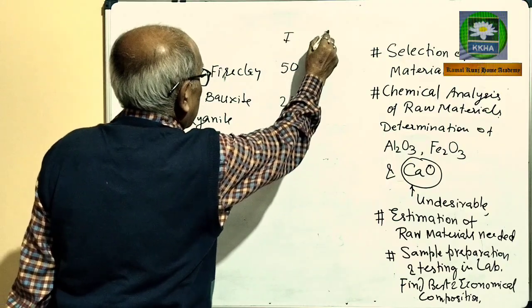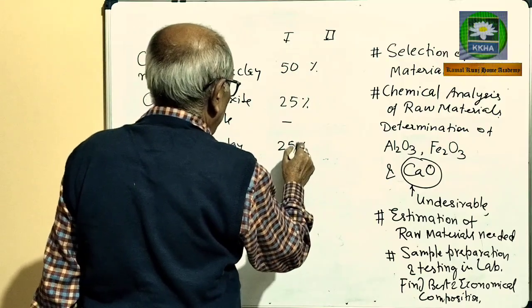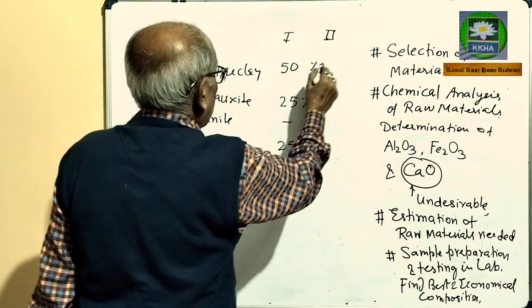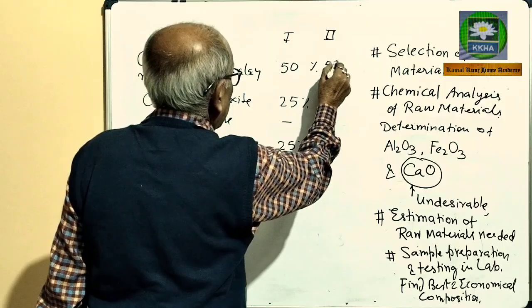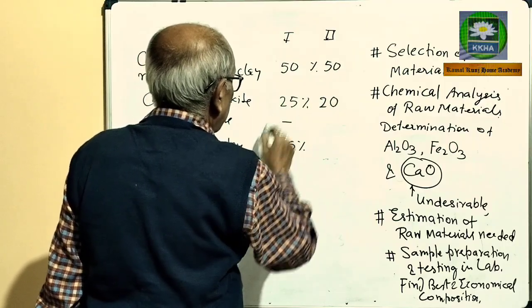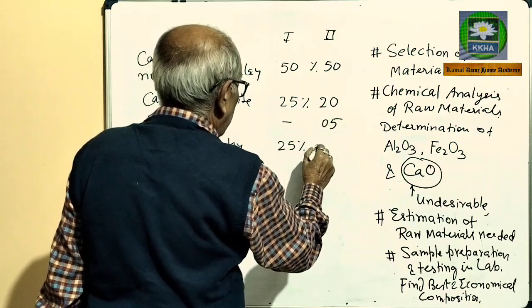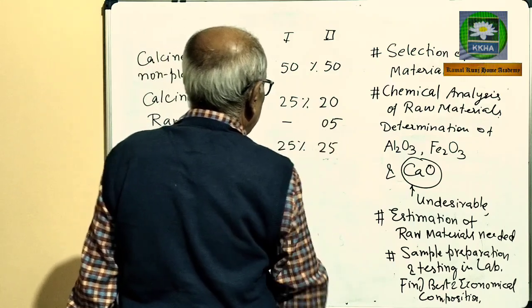Make two compositions. In the second, calcined clay is the same 50%, bauxite is reduced to 20%, add kyanite 5%, and plastic clay is the same 25%.